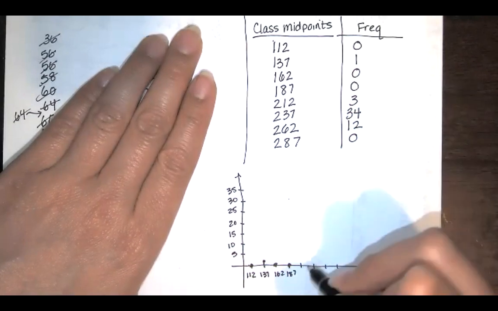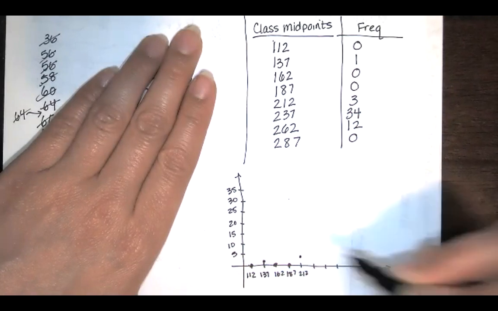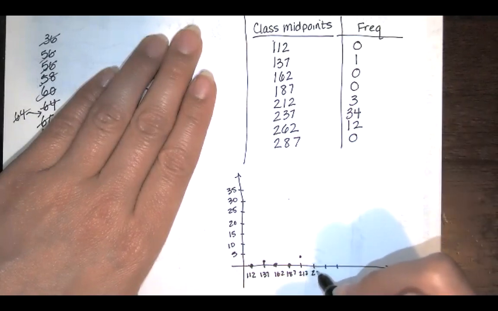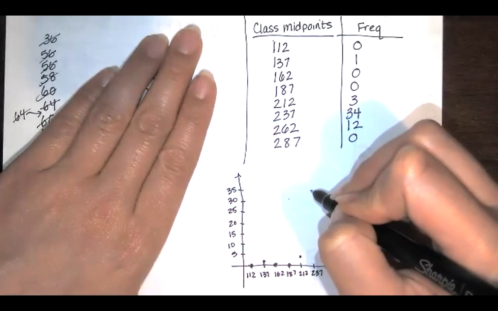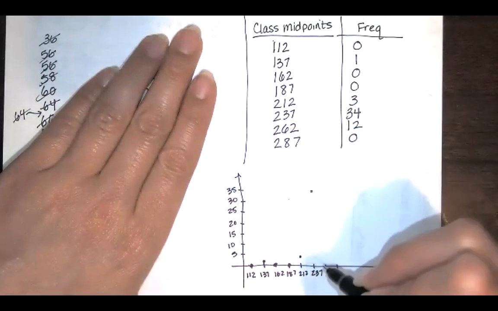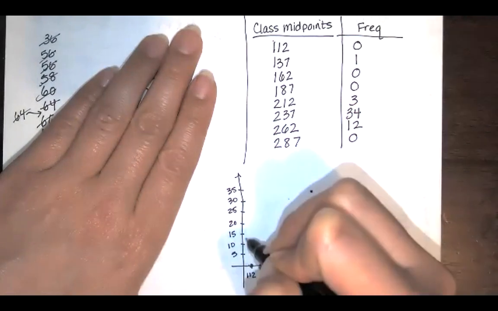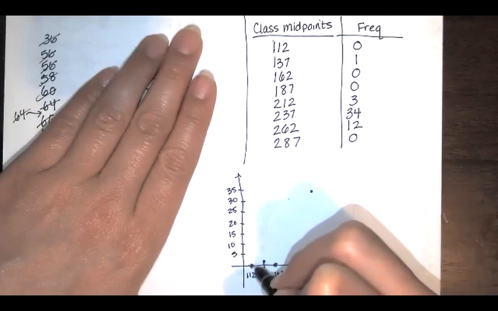And then the next one has a frequency of 3. And the next one has a frequency of 34. And the one after that has a frequency of 12. And then we go back down to 0.